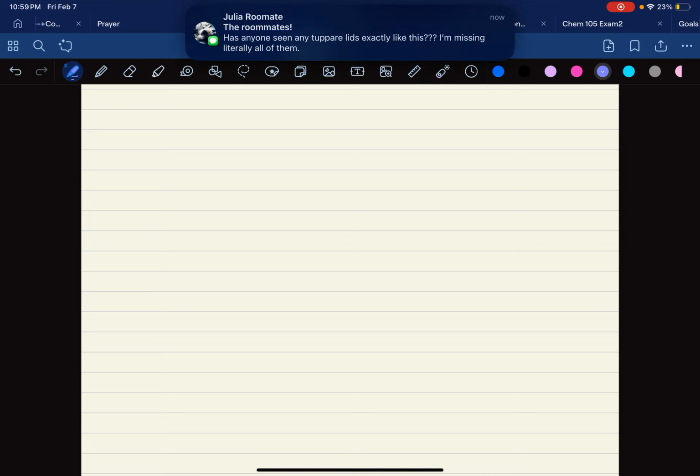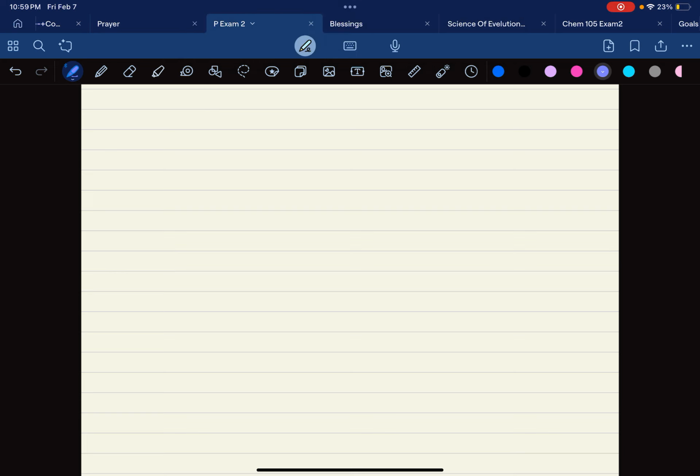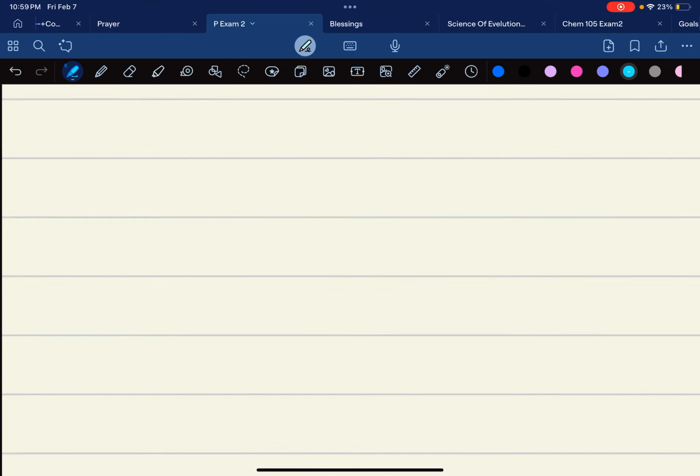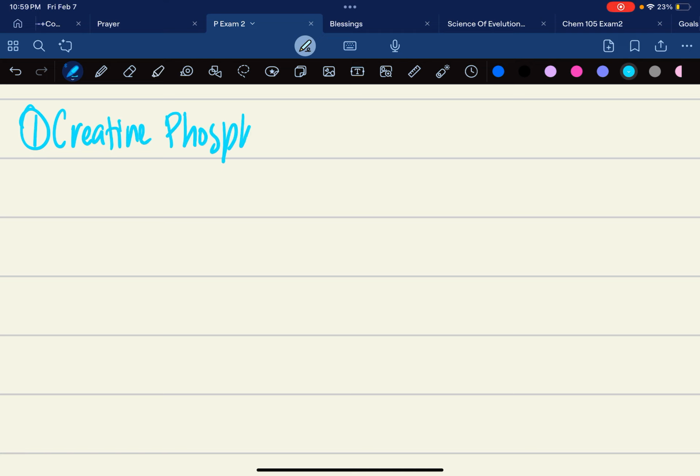So we need energy sources for muscle contractions. And so one of the energy sources is creatine phosphate. And this provides a rapid but short-lasting energy source.